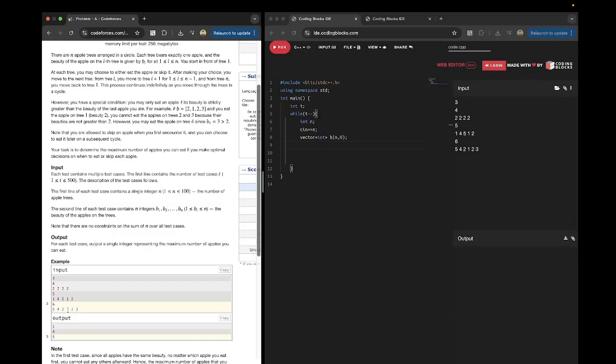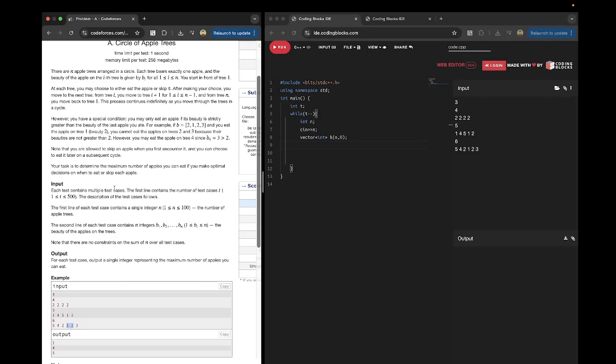You can see that you can either choose to eat 1, 2, 3. So 1, 2, strictly greater. Strictly greater. Okay, so you cannot eat apples of the same beauty.